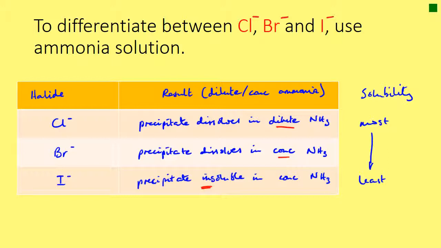The precipitate is insoluble in concentrated ammonia. So again, the key there is insoluble. So now we've differentiated between our iodides. And one last thing is just to summarize our solubility.